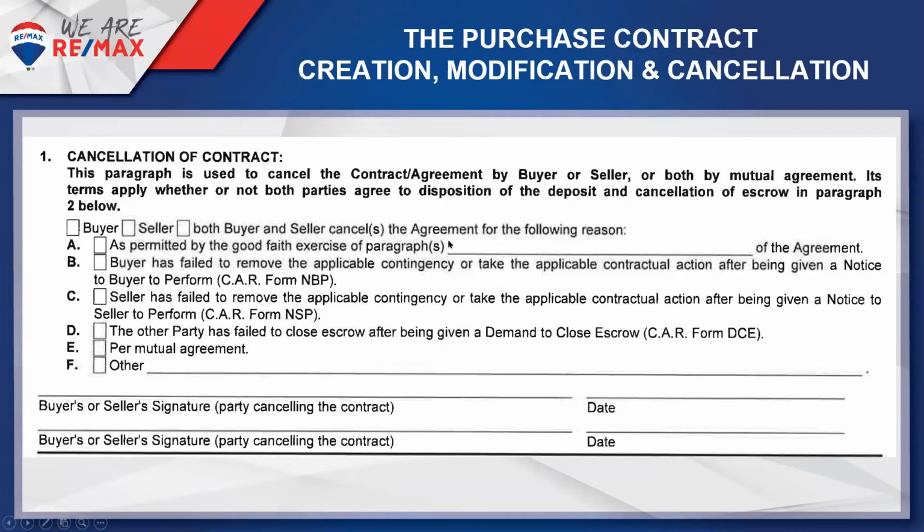You simply list the paragraph, it might be paragraph 12 or paragraph 14 or whatever, pursuant to that paragraph, you're canceling. You're obligated to act in good faith, but there is no contractual requirement for you to share. You don't like the traffic in front of the house. You don't need to say that.